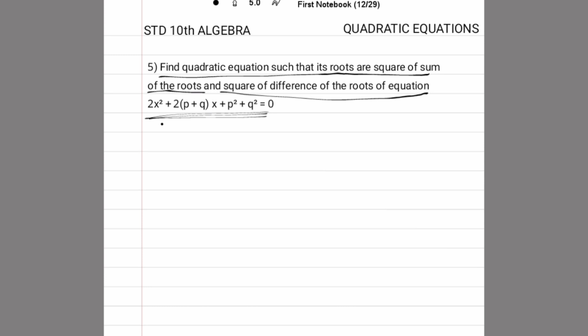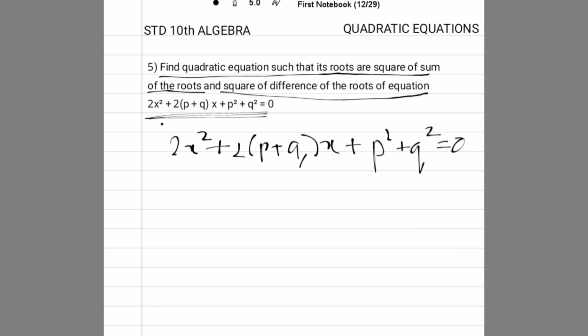Okay, so this is a different equation and we have to find a different equation. So the given equation is 2x square plus 2 into p plus q x plus p square plus q square is equal to 0. Now we have to just find the square of the sum and the square of the difference.